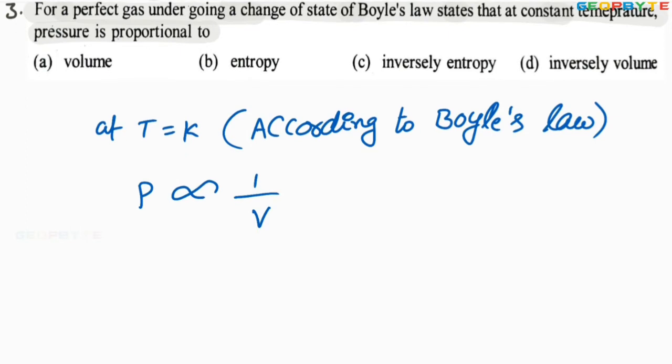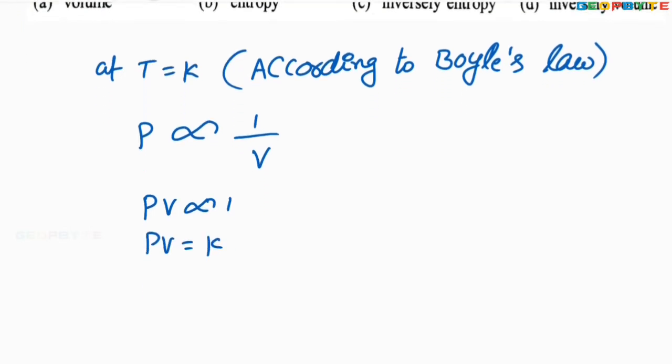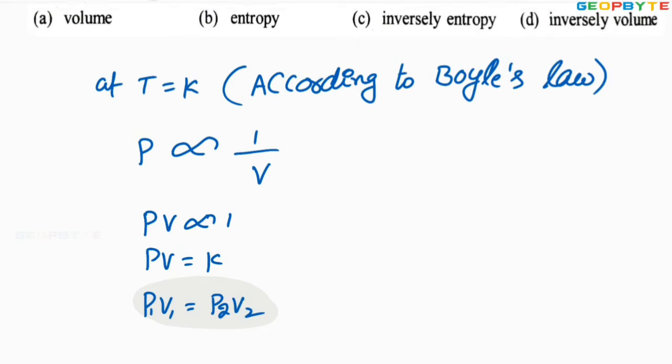From this, the product of pressure and volume is constant. It can also be written as the product of pressure and volume at state 1 equals the product of pressure and volume at state 2, at constant temperature.